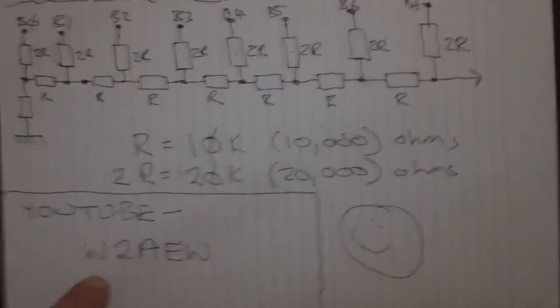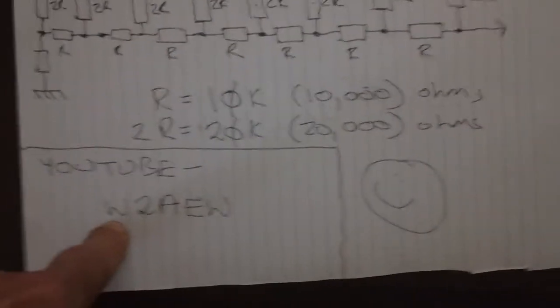If you go on YouTube, W2AEW has done a really brilliant explanation as to how the R2R network works. So let's go through it and see how I've implemented it on the Arduino.